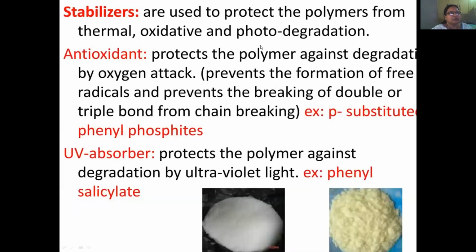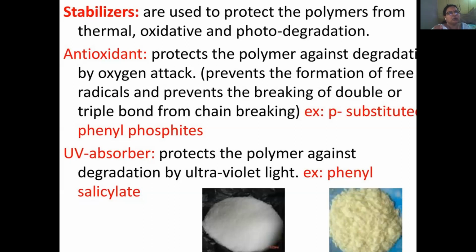Then coming to stabilizers. Stabilizers are used to protect the polymers from thermal, oxidative and photo degradation. Polymers are usually not stable in nature, right? So they may be exposed to thermal, oxidative and photo degradation. In order to prevent this, we add stabilizers.